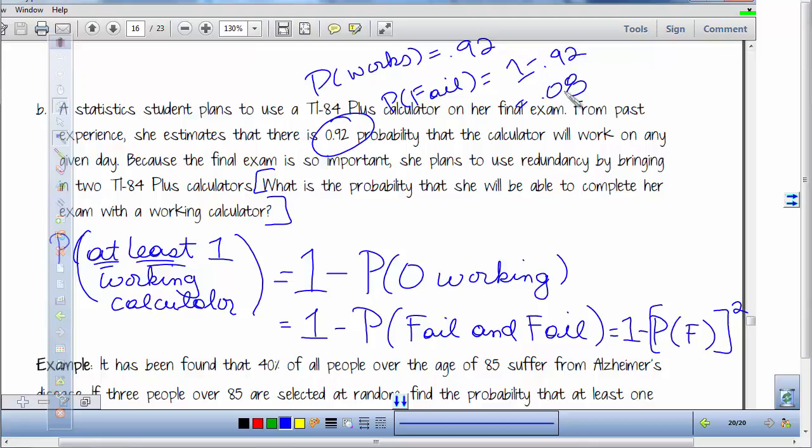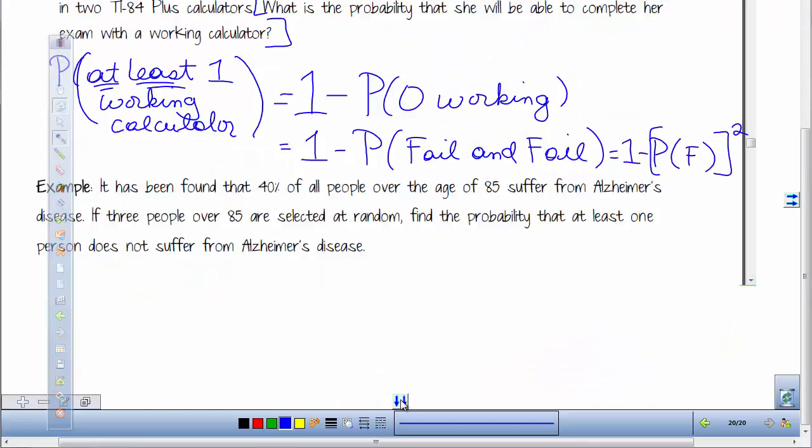Okay, so the probability of failure, we get 1 minus 0.08 squared, or 0.9936.